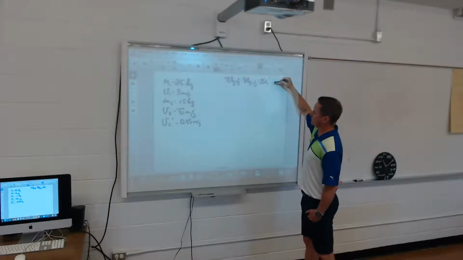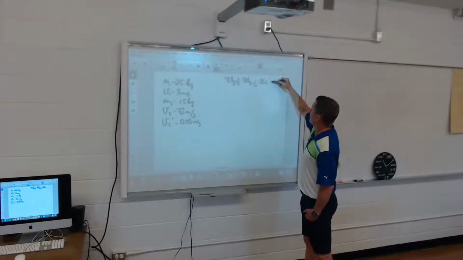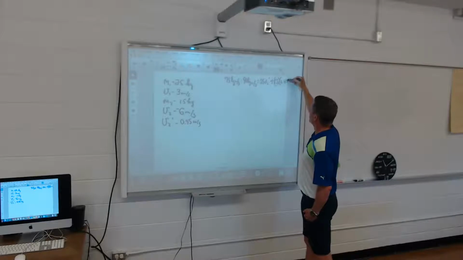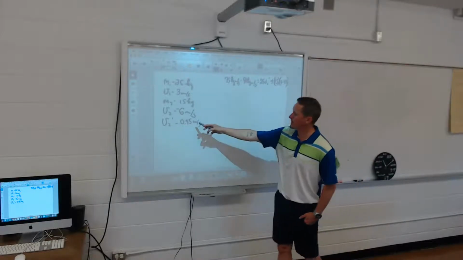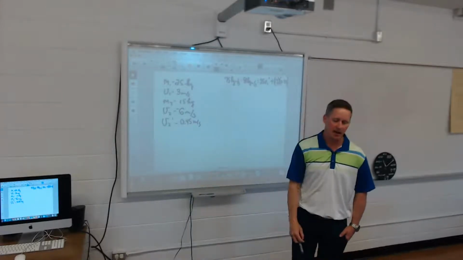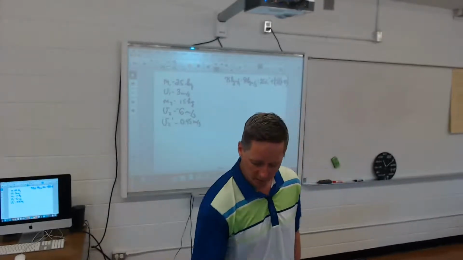And then I have to add, okay, 15 times 0.45, like that. So the difference being my V2 prime in this case is now in a positive direction to the right.